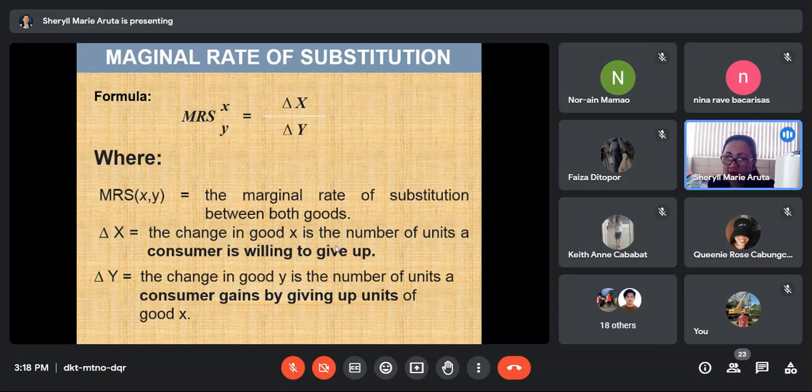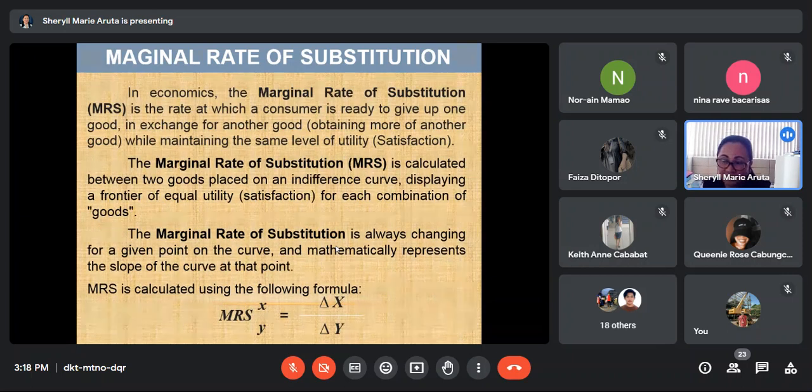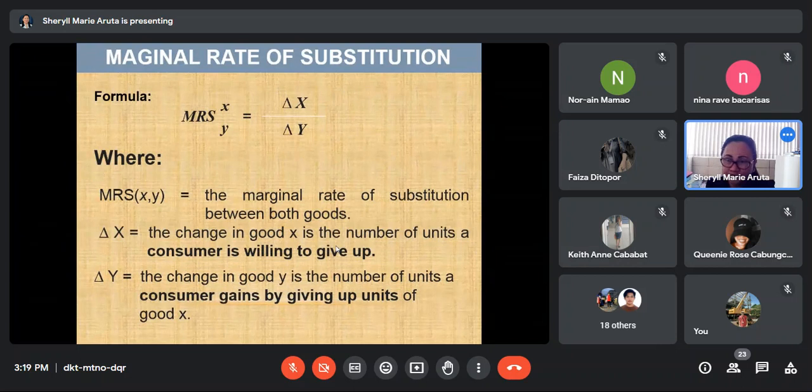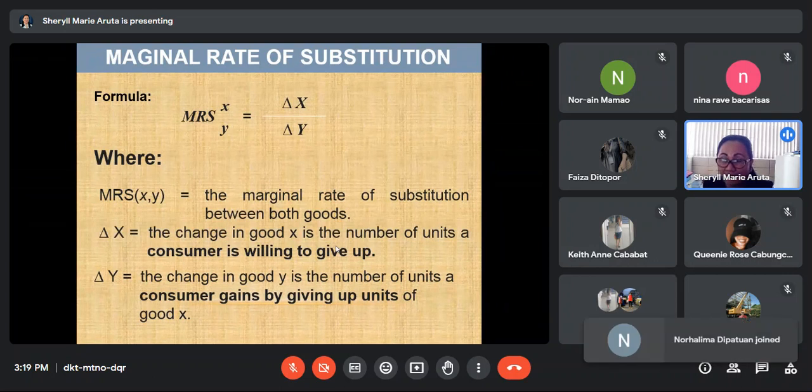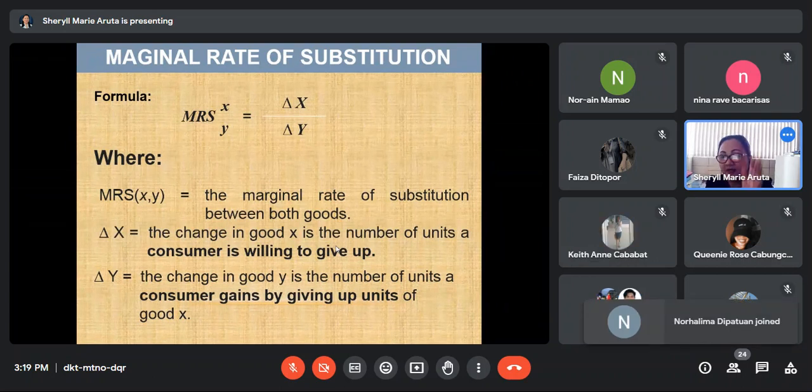The x and y in the formula can interchange goods. Just remember, whatever you put in x is the good that the consumer is willing to give up. And y will always represent the goods that you gained out of giving up units.